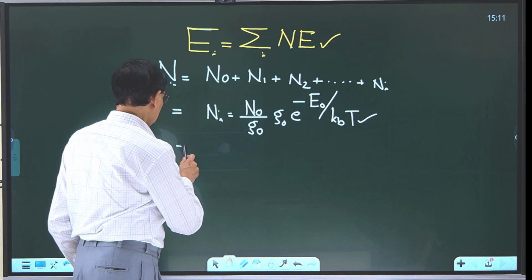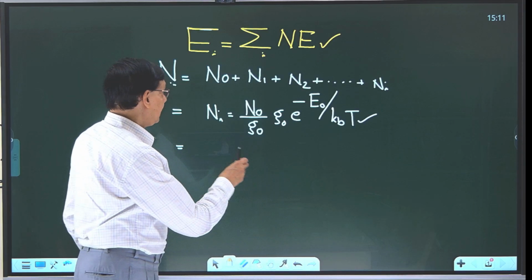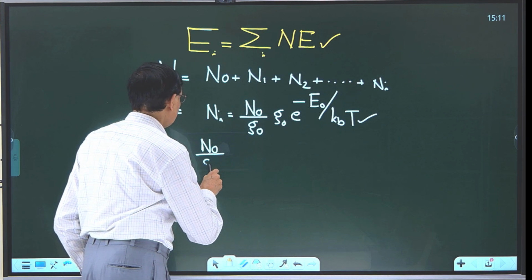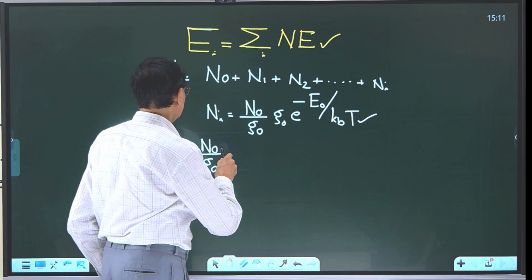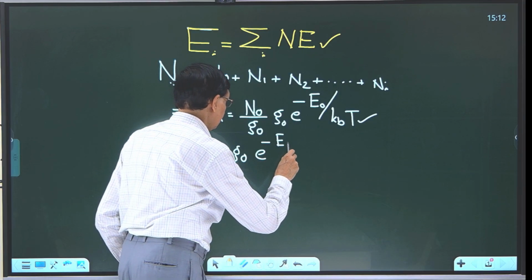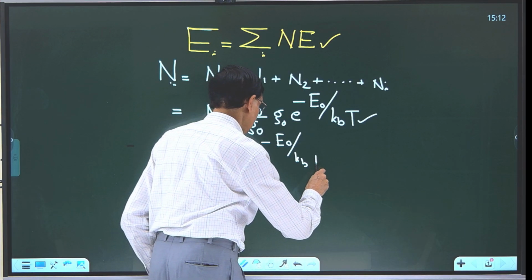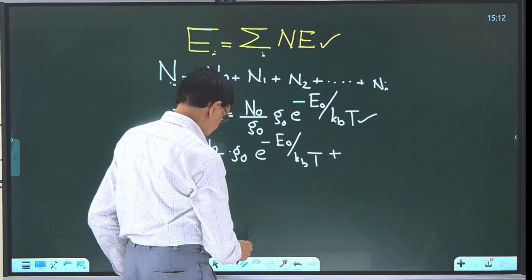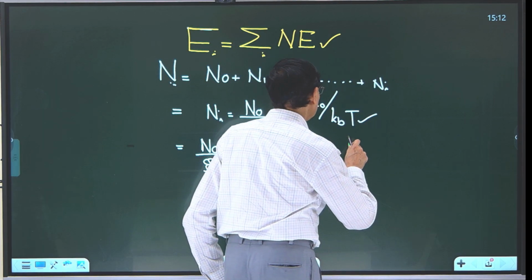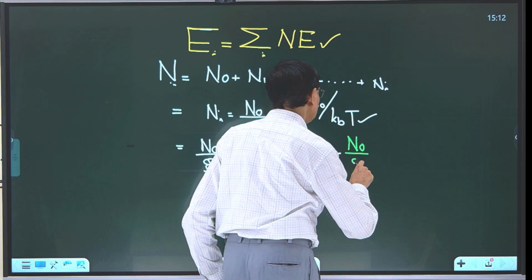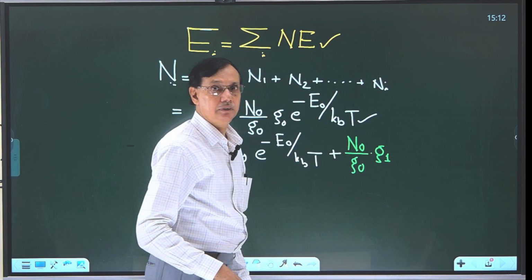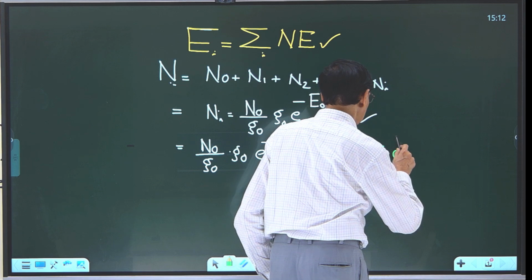Now, because there are a large number of systems, I can write like that. Every case is N0 G0 exponential minus E0 divided by kBT, plus N0 G1, the statistical weight factor of the first level, exponential minus E1.